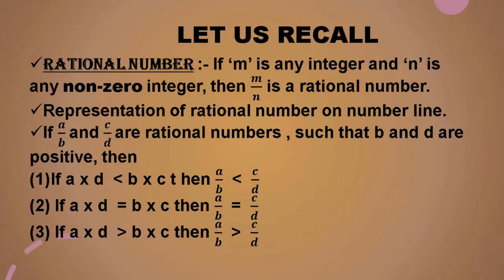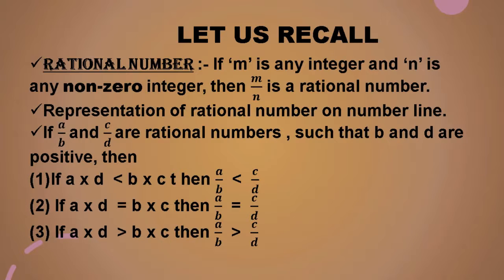We have also seen that there are infinite rational numbers between any two rational numbers. Then we have learned how to show rational numbers on number line. After that, we have studied comparison of rational numbers.